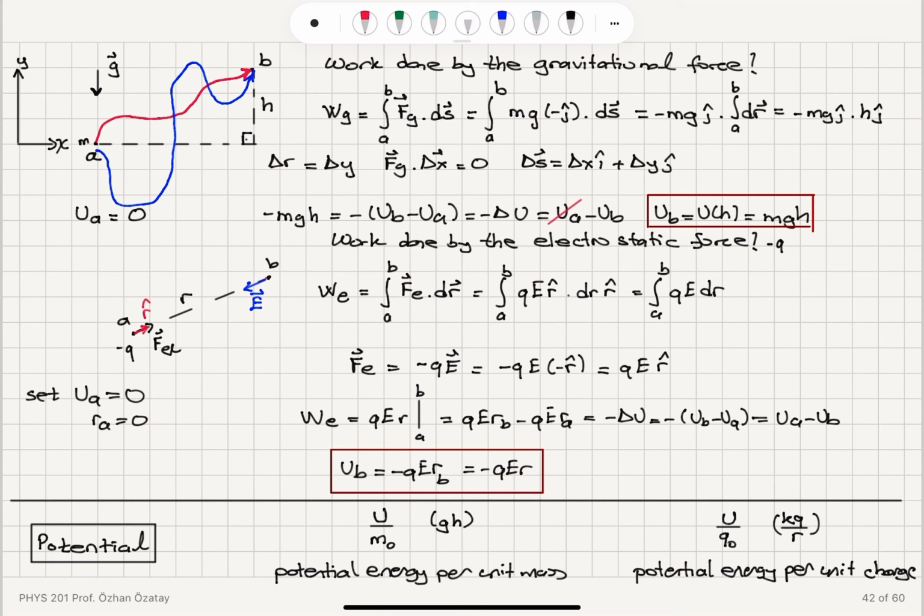So m is replaced by minus q, g is replaced by E, h is replaced by R. So there's complete analogy between the two. The potential is defined as potential energy per mass and potential energy per charge in the electrostatic case. It's g times h or kq over R, or we can write this as GM over R.